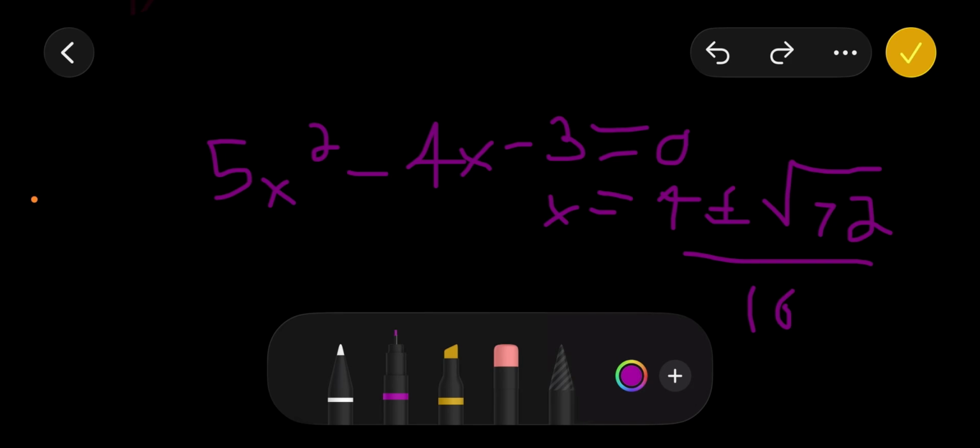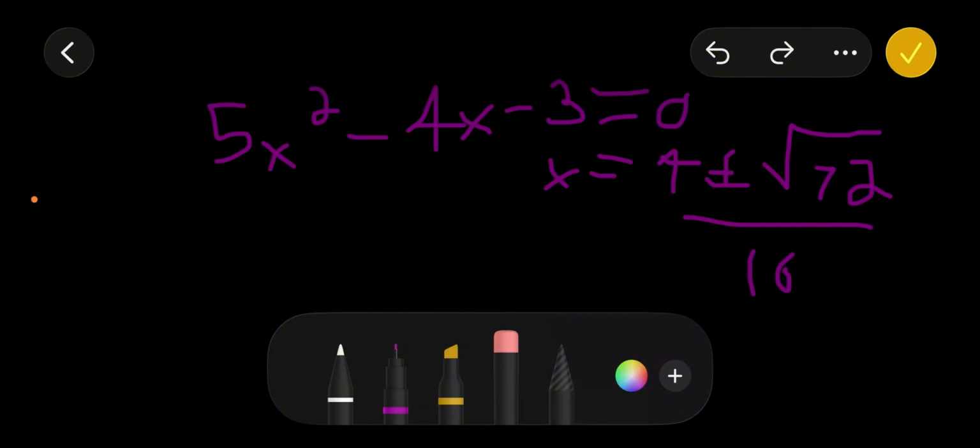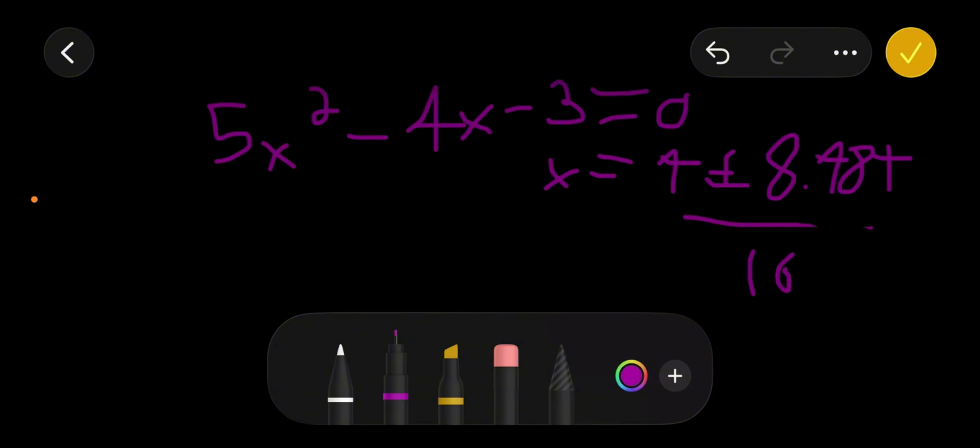The square root of 72 equals approximately 8.48. Then 4 plus 8.48 divided by 10. So this is the first solution. And remember, plus or minus means we're having one with a plus sign and one with a minus sign.